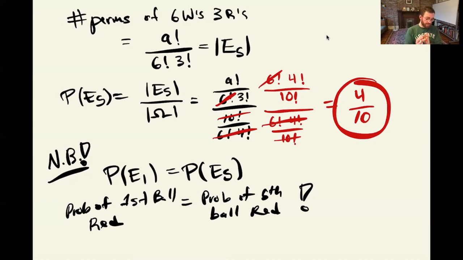So this tells you that as long as you don't have any information about what has happened before, actually the probability here doesn't change. But somehow intuitively, we think that because more stuff has happened, the probability needs to change. But if we don't know what happened, then we're just going to forget about it.